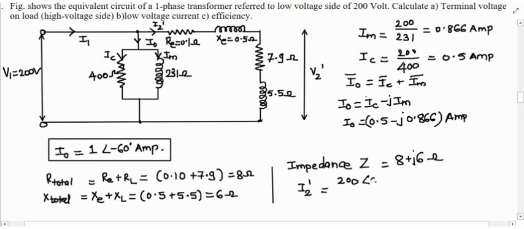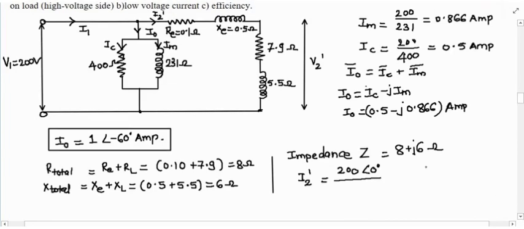Any vector, when you are taking it as a reference vector, all other vector angles should be written with respect to that reference vector. So Z is nothing but 8 plus J6. So you will get this as 20 at an angle of minus 36.9 degree ampere.